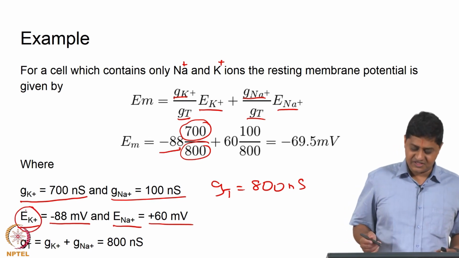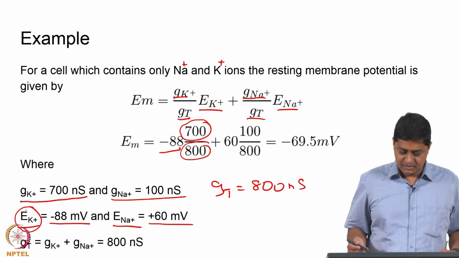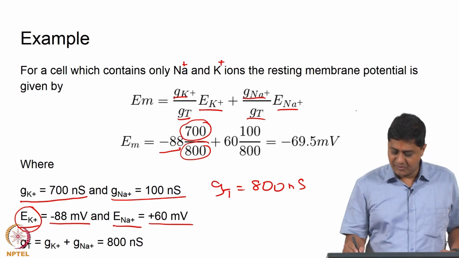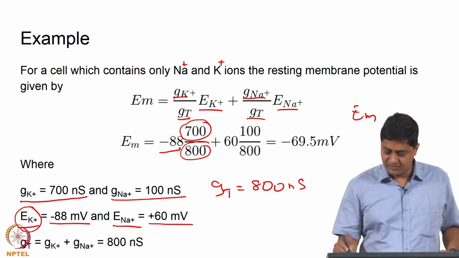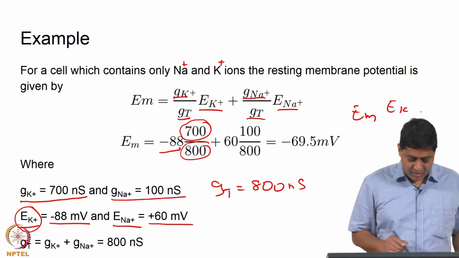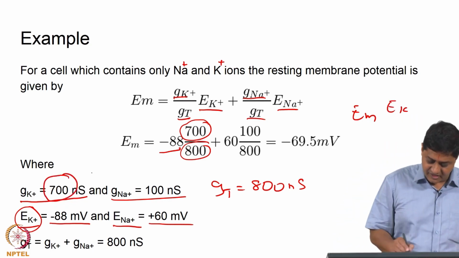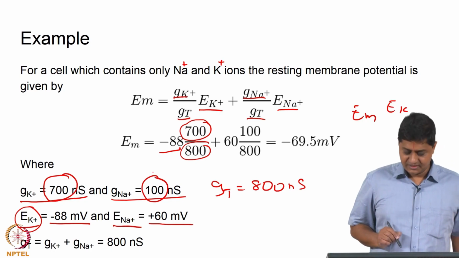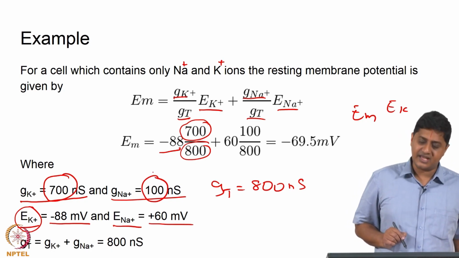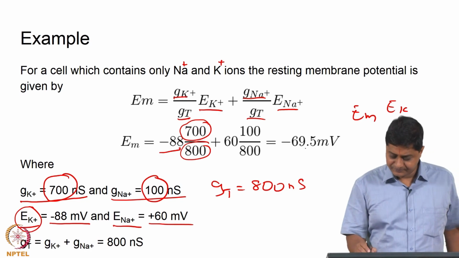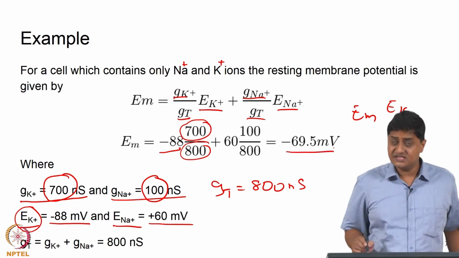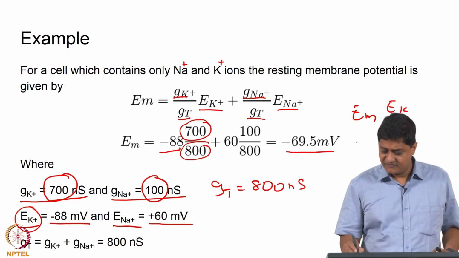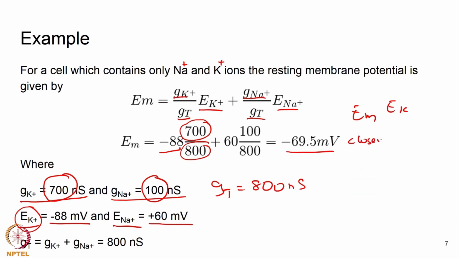Now it is very easy to expect that the membrane potential EM will be close to EK. Why is that? Because out of 800, 700 units come from GK. So EM is about minus 70 millivolts, which is closer to minus 88 millivolts than to plus 60 millivolts.